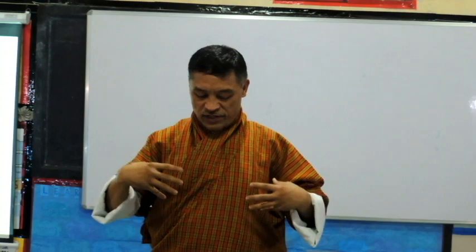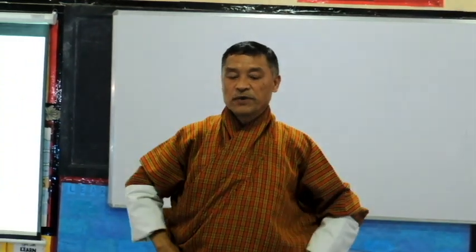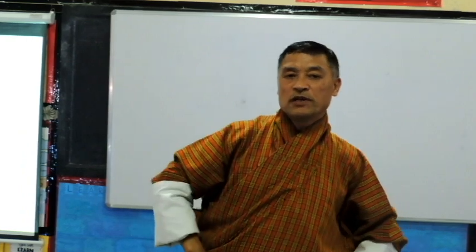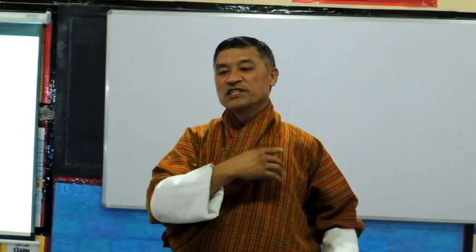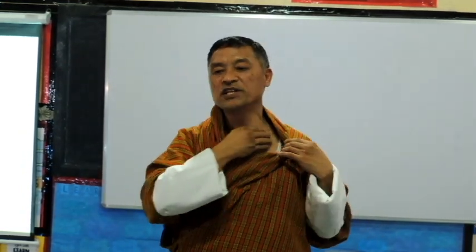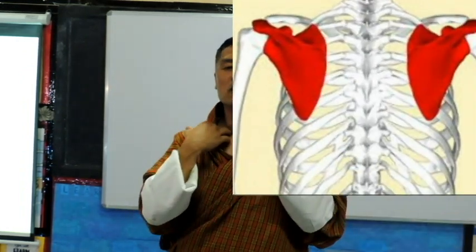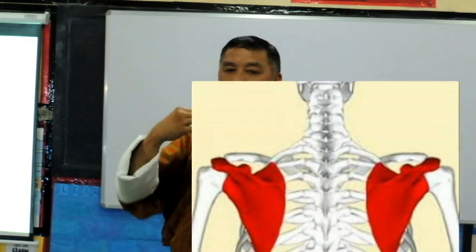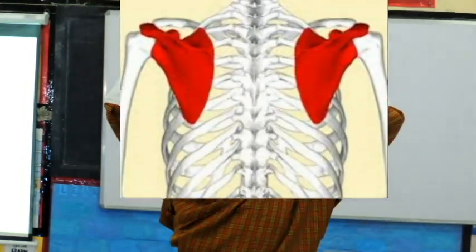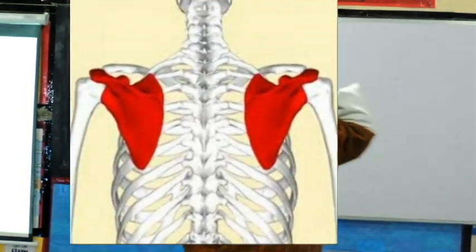Now all the bones are further connected to the hip. Before I go to the hip, let me also tell you, not forgetting, that we have two important bones here. In the front we have the collar bones, called the clavicle, and we have two blades at the back, connected towards the shoulder.